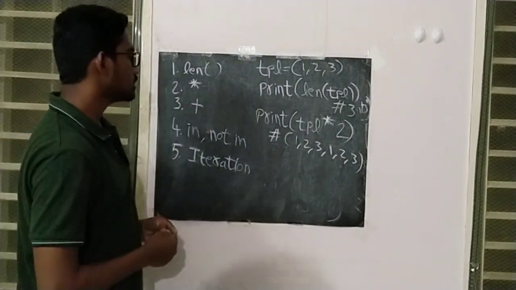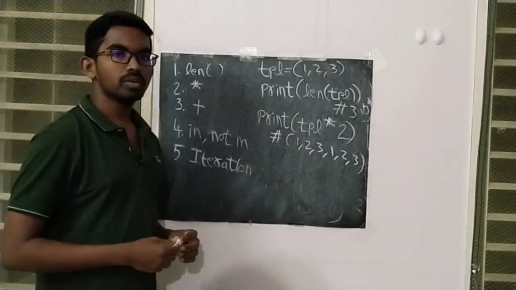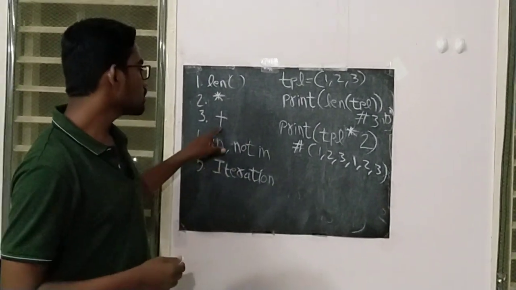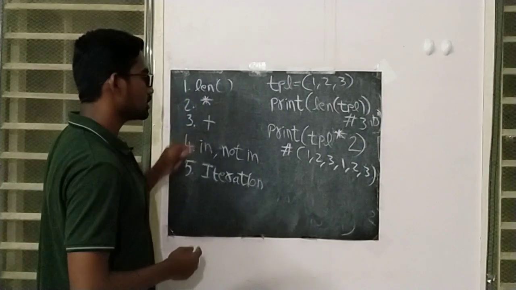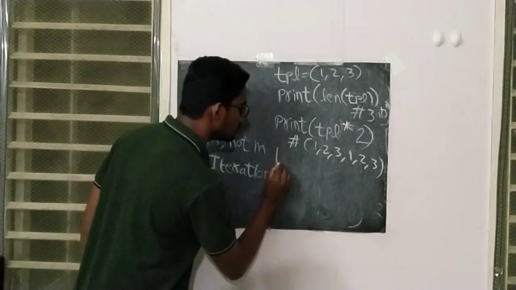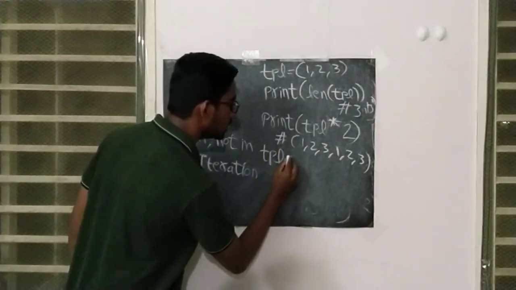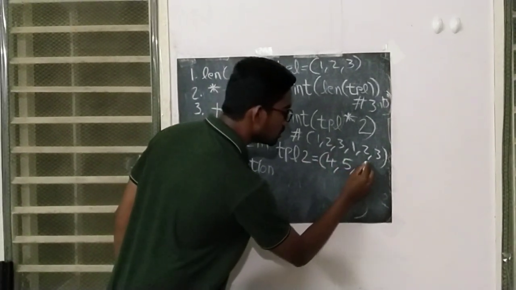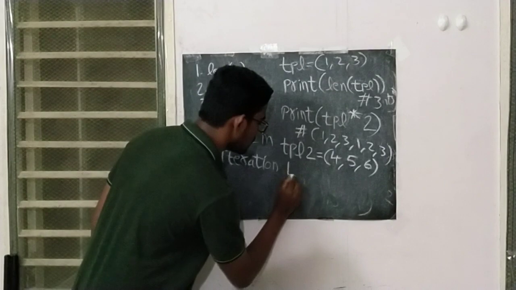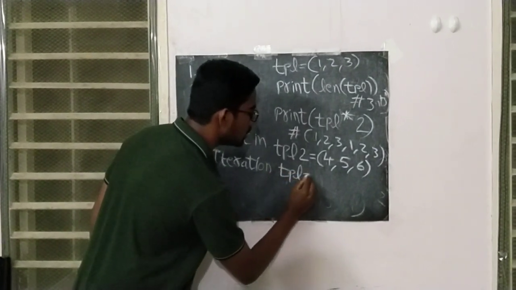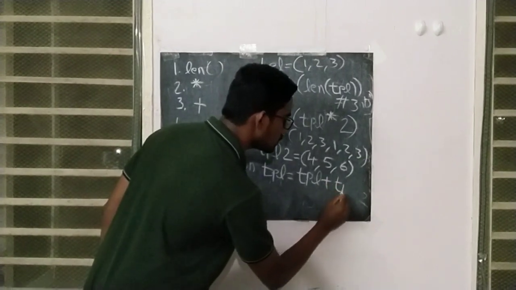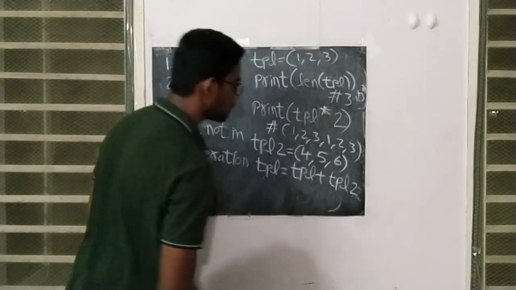Next, concatenation. We can concatenate 2 tuple variables with the help of the concatenation operator plus. For example, TPL2 is equal to (4, 5, 6). TPL is equal to TPL plus TPL2.